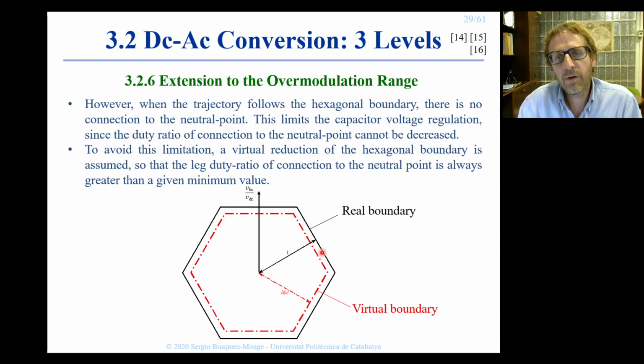So in order to have regulation margin, in order to be able to decrease the duty ratio of connection to the neutral point, we will operate with a virtual boundary, shown here in red, and we will follow this boundary in the overmodulation region, guaranteeing then that the duty ratio of connection to the neutral point will always be higher than 0.